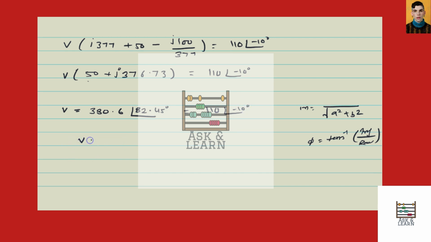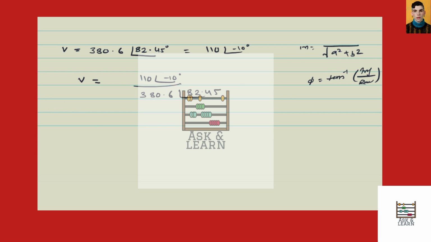Now calculate V equals 110 angle −10 upon 380.6 angle 82.45. Is it clear?